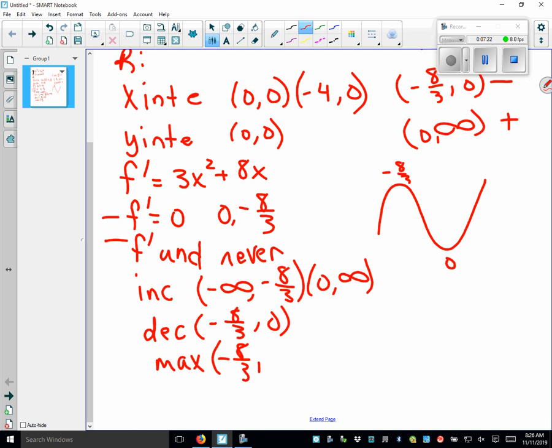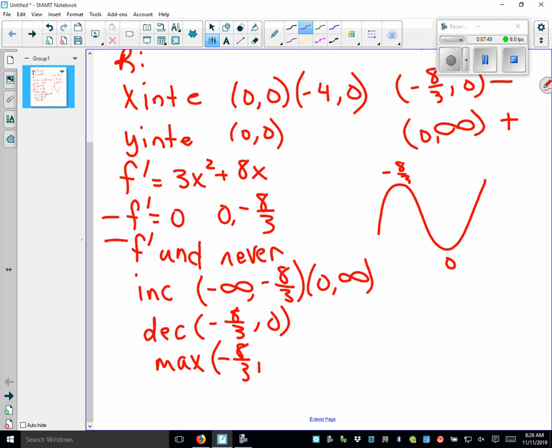But the max and min are points. What is my y? When you're looking at increasing and decreasing, you plug into the derivative. But if you're trying to find the point of the max, you plug it into the original.